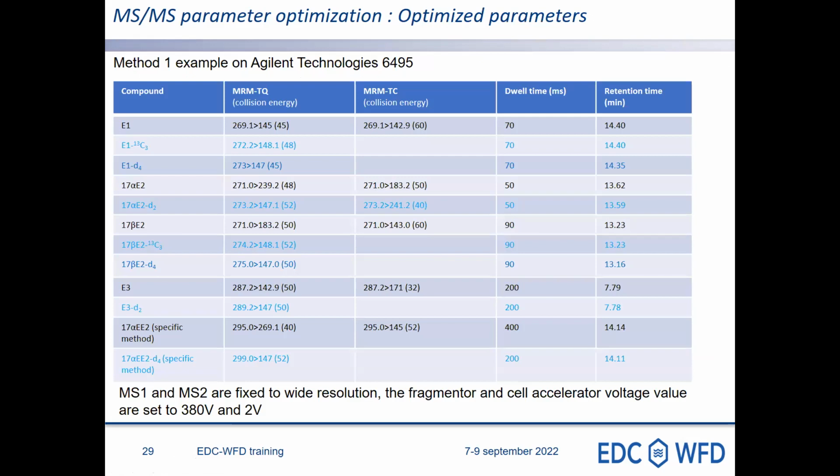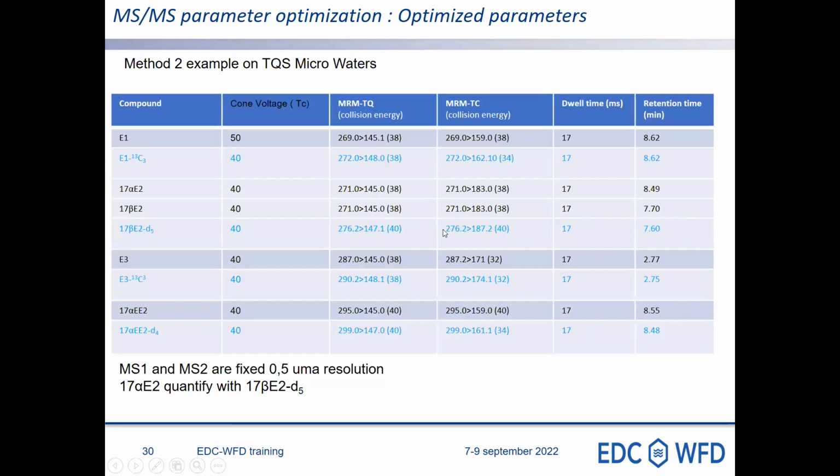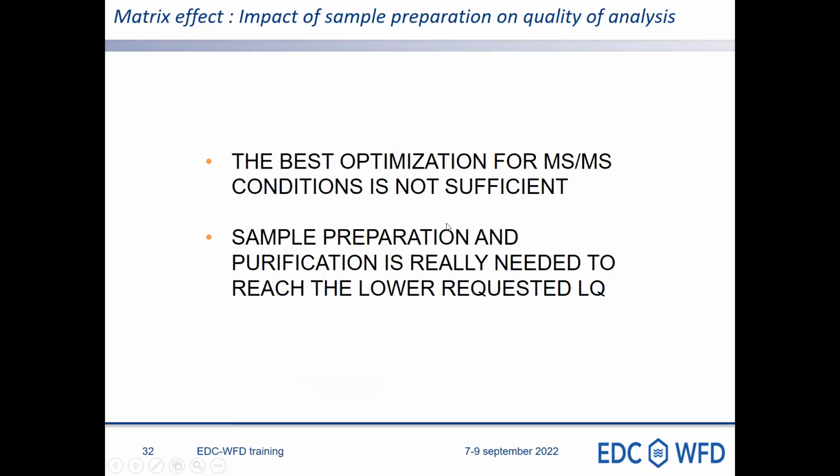Here, I will not go into detail. You have all the successful transitions that have been optimized by the different partners with different instrumentation, and it is also for you to be able to implement at home easily. So our key message here: the best optimization of MSMS conditions is not sufficient.